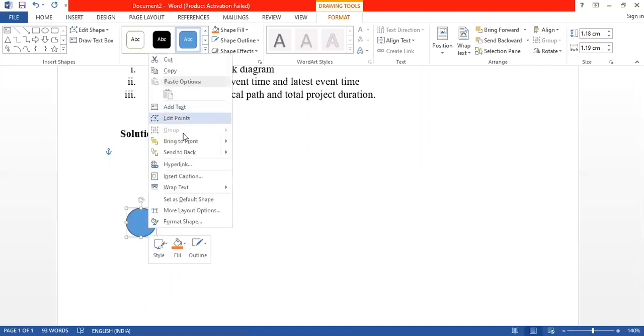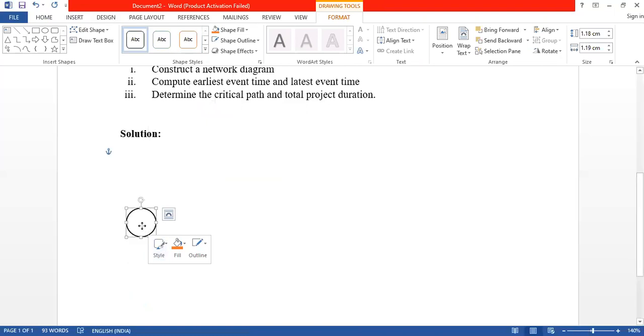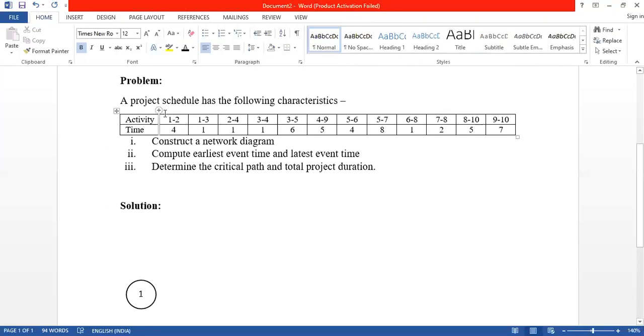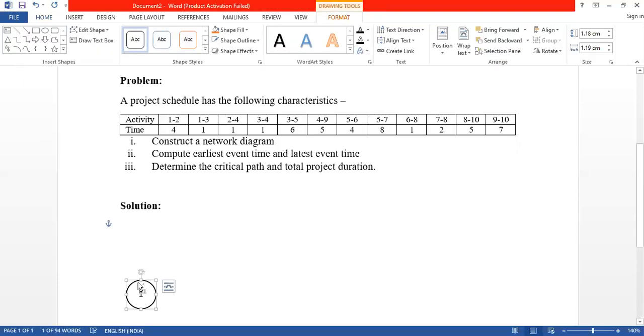And we know that we have been given the names of events. See, event 1 to event 2, event 1 to event 3, and so on, right? So from event 1, we are starting our project. Now see, from event 1, there is an activity which is connecting to event 2. So we'll draw an event 2. I'll reduce the size.